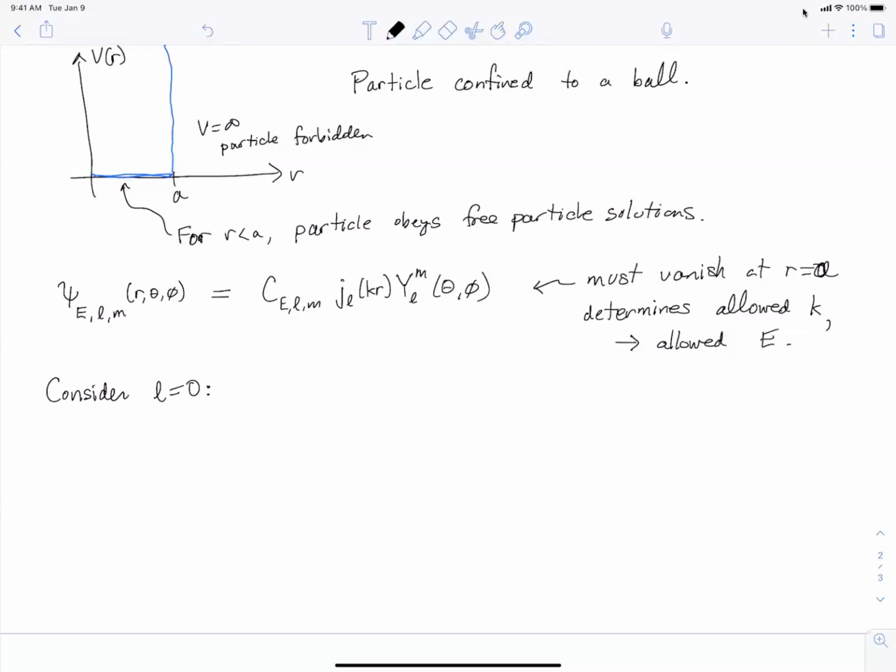If you look back at what the spherical Bessel function was for l equals 0, j_0 of kr, that was very simple. It was just sine of kr over kr. Again, this must vanish for r equals a, which tells us that the numerator has to vanish. And so k times a has to be equal to n times pi, for n equals some positive integer.